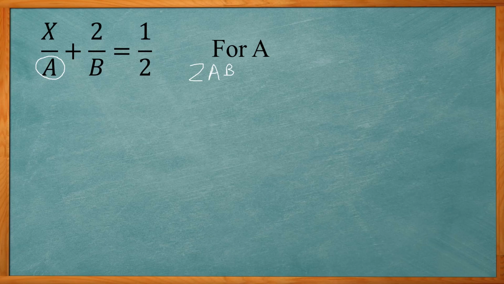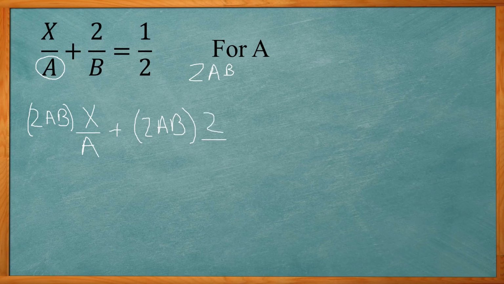So I can multiply every fraction by 2ab. So 2ab times x over a. And then 2ab times 2 over b. And then 2ab times 1 over 2.